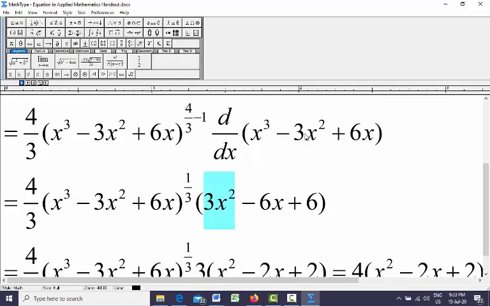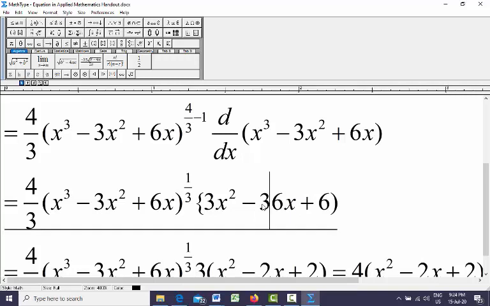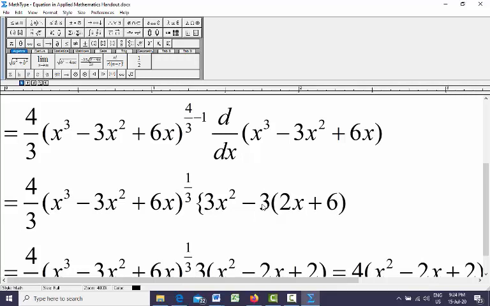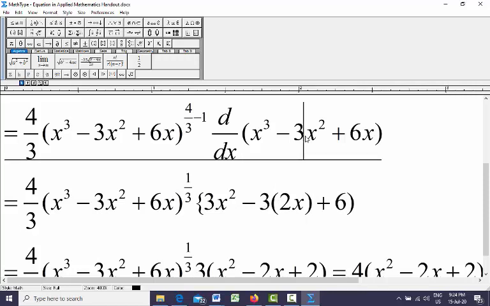Now you have 3 here. Let me write another step here. So now this 3 will be as it is, and then here you will have 2x. This 3 is the coefficient, it will sit as it is, outside. That means we will not do differentiation of this one. We will only do differentiation of x square.